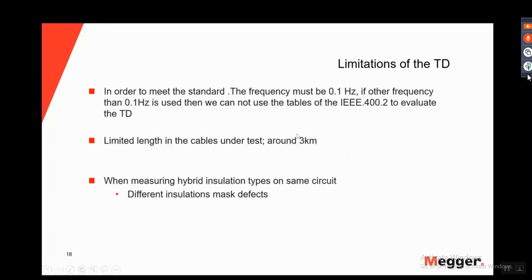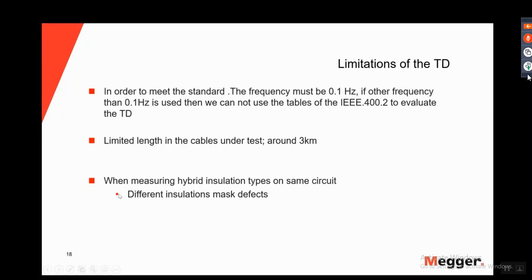Limitations of tan delta. In order to meet the standard, the frequency, as my colleague mentioned before, must be 0.1 hertz for tan delta. If frequencies other than 0.1 hertz are used, we cannot use the tables of the IEEE 400.2 to evaluate the tan delta. Another limitation is the limited length of the cables under test, around 3 kilometers.